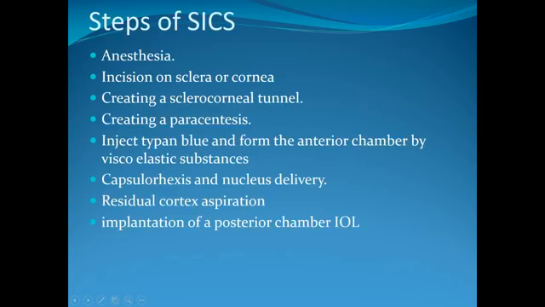And the steps, you already know. Steps of SICS: first you give anesthesia, either local or GA. Then incision, creating a sclerocorneal tunnel, and creating a paracentesis for entry of instruments into the anterior chamber.